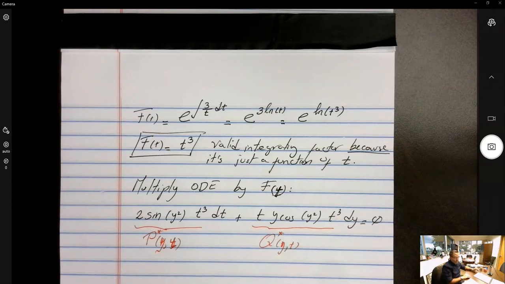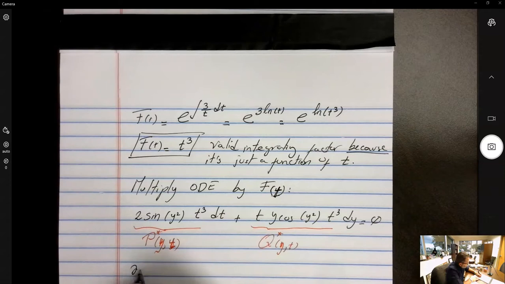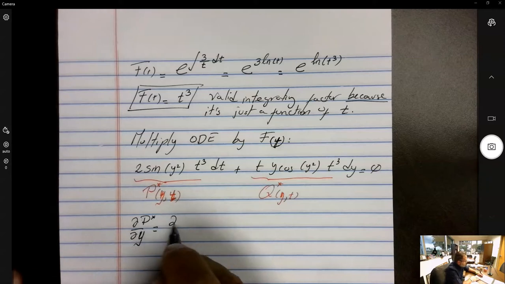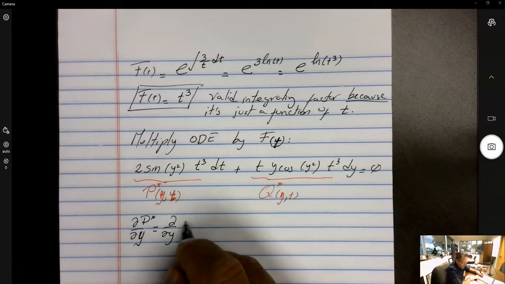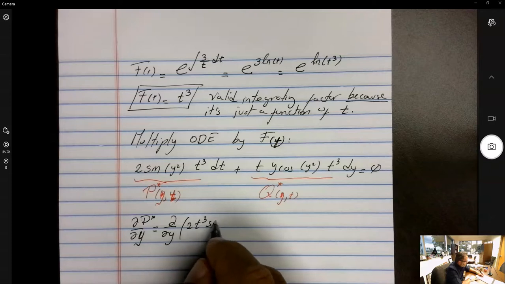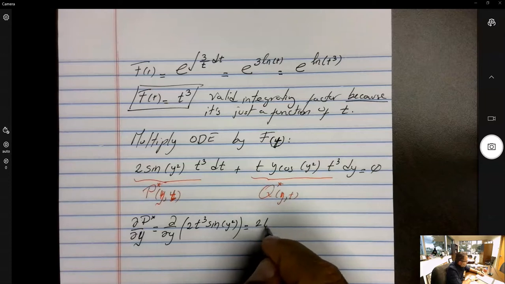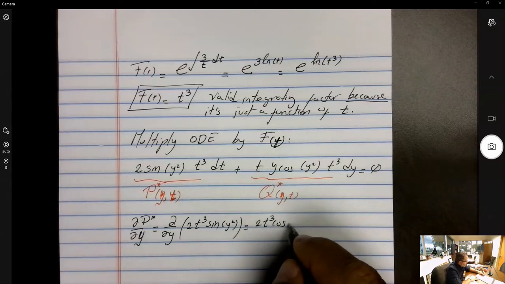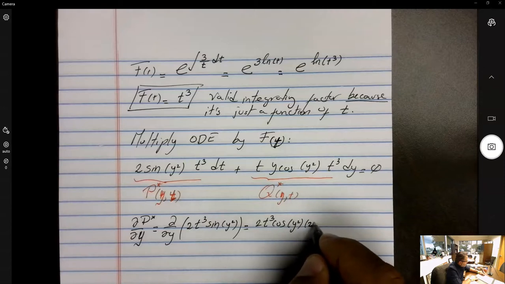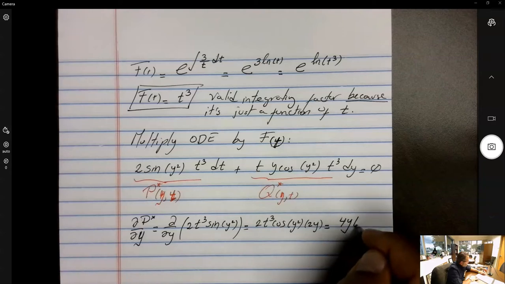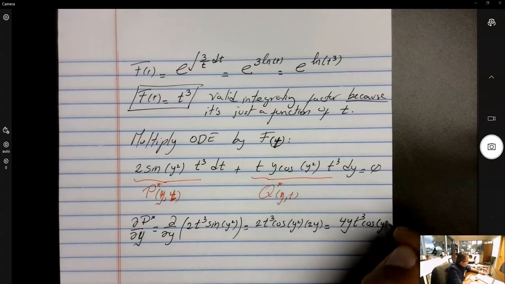Alright, now let's check if the derivative of P star with respect to y is equal to the derivative of Q star with respect to t. So this will be d/dy of 2t cubed sine of y squared, which is 2t cubed cosine of y squared times 2y. So that would be 4y t cubed cosine of y squared.